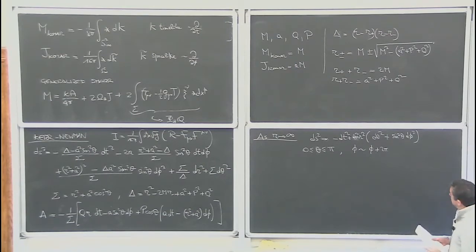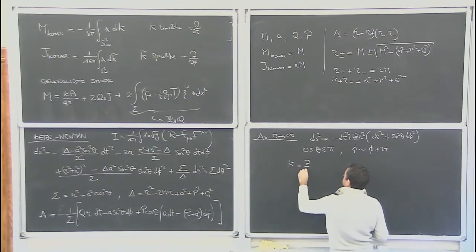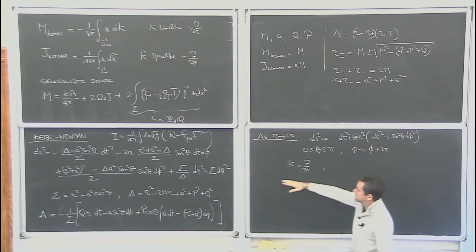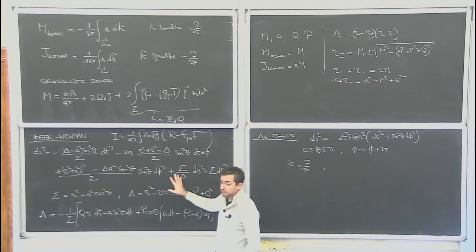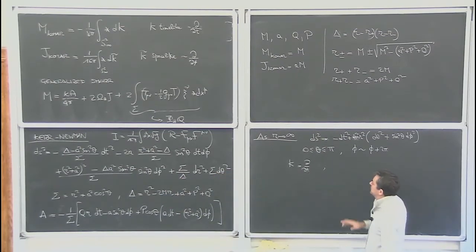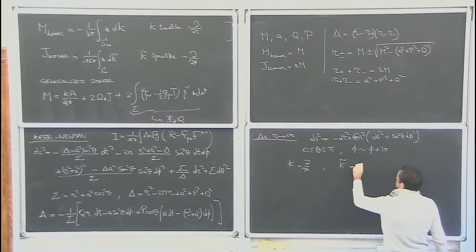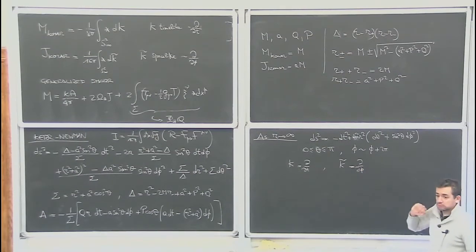We also see that the vector K, d over dt, is indeed a Killing vector of the full metric, because the functions don't depend on t and don't depend on phi, so d over d phi is also a Killing vector. Asymptotically, K is time-like and K tilde is space-like. So we can use them to define our mass and angular momentum.